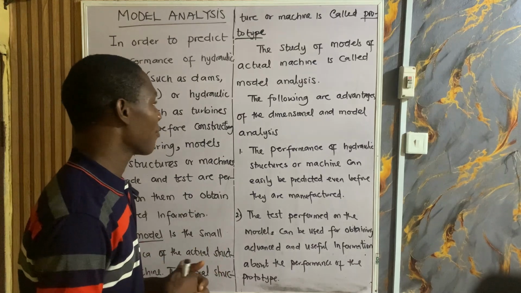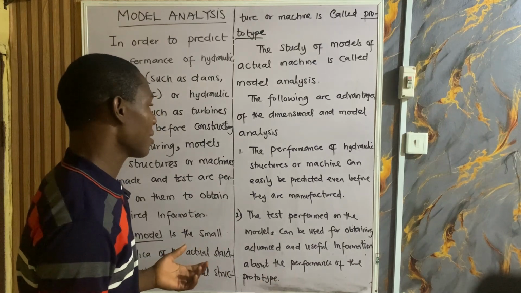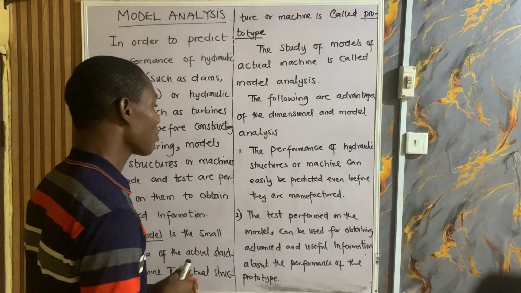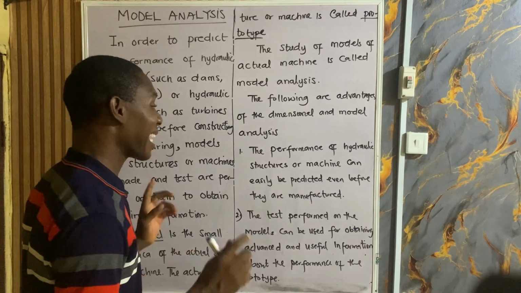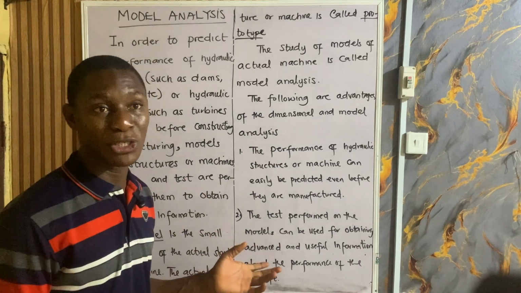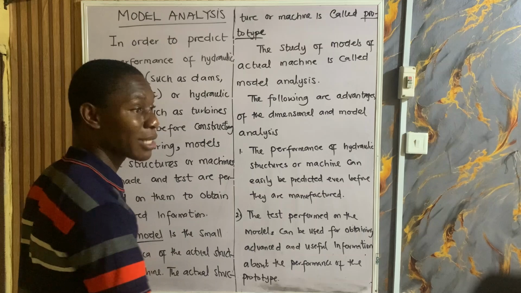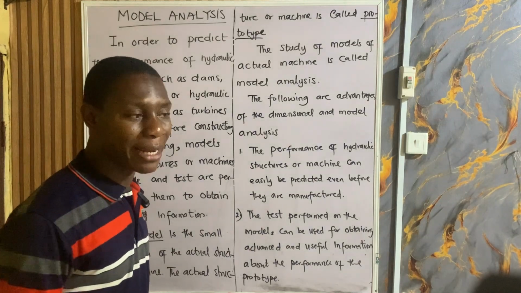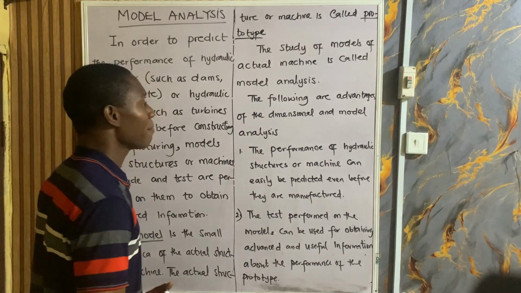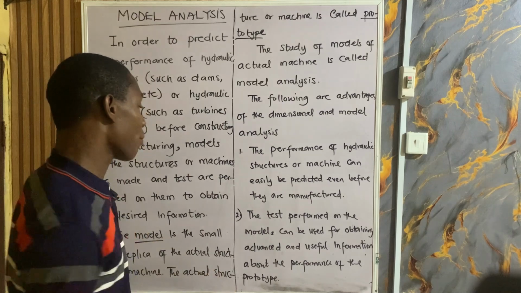So let's look at the following advantages of dimensional and model analysis. One, the performance of hydraulic structures or machines can easily be predicted even before they are manufactured. So before having your prototype, you can tell how these machines or structures are going to perform.